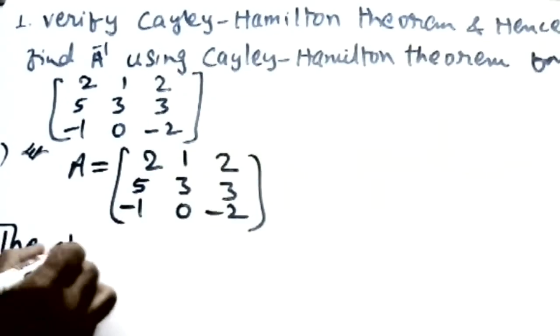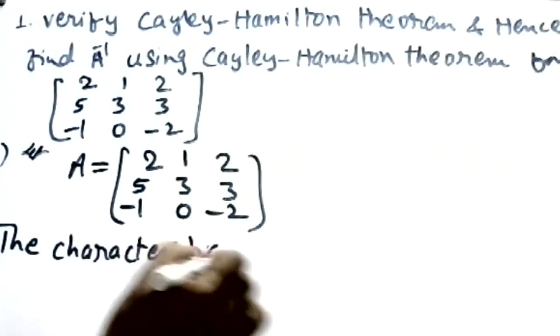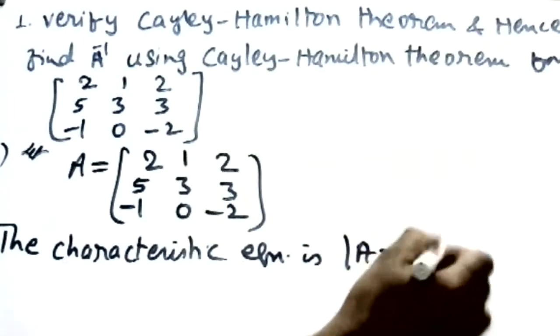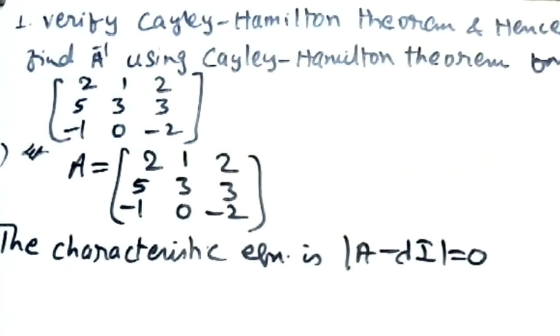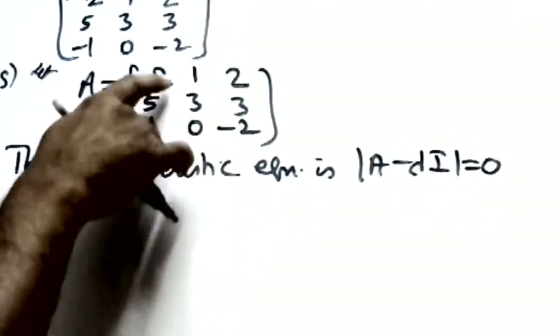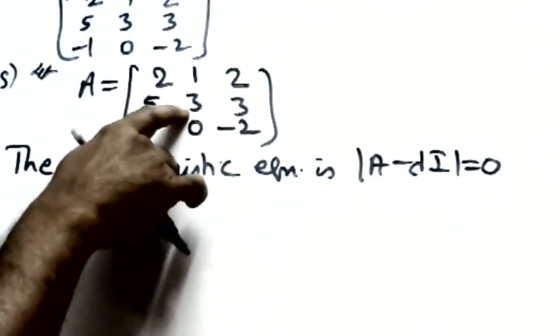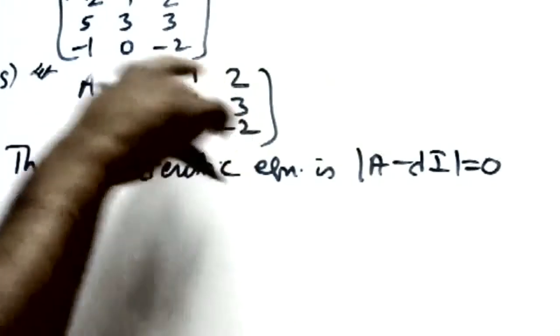Now, what is the characteristic equation? The characteristic equation is, what's the formula we have? A minus lambda I equals 0. Now we already discussed how to write A minus lambda I. To the diagonal elements you add minus lambda: 2 minus lambda, 3 minus lambda, minus 2 minus lambda.